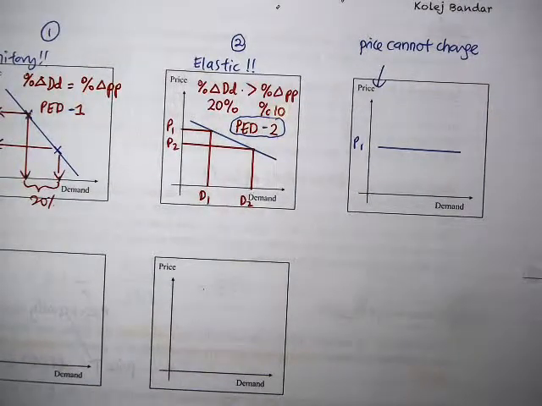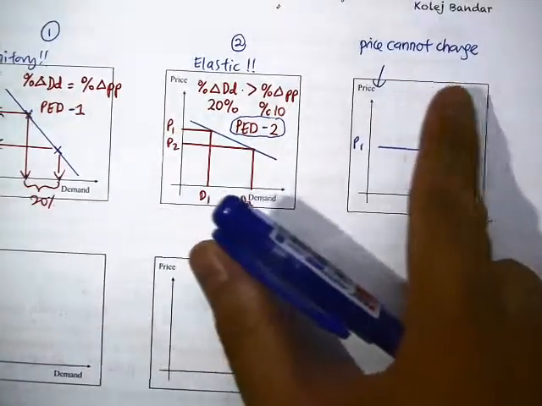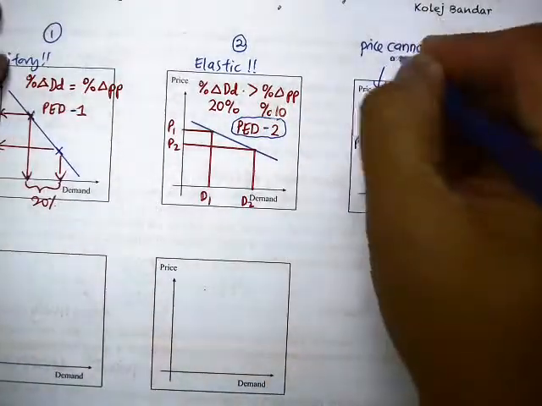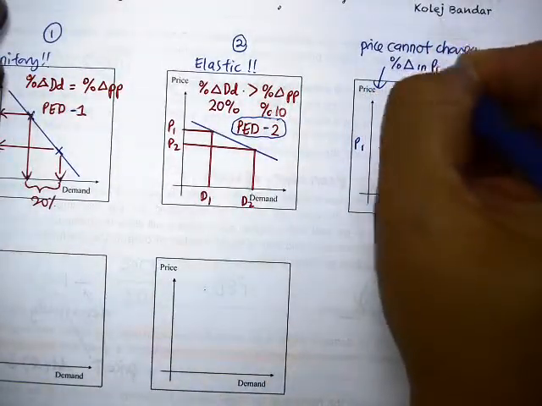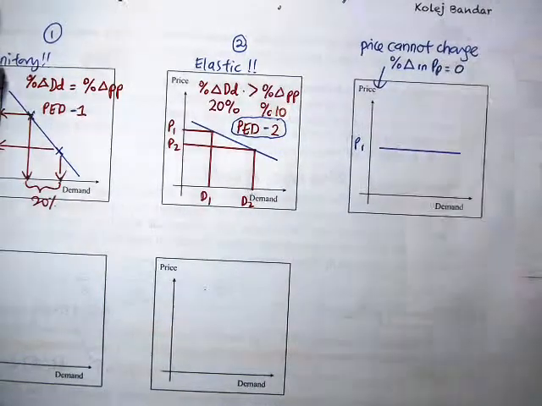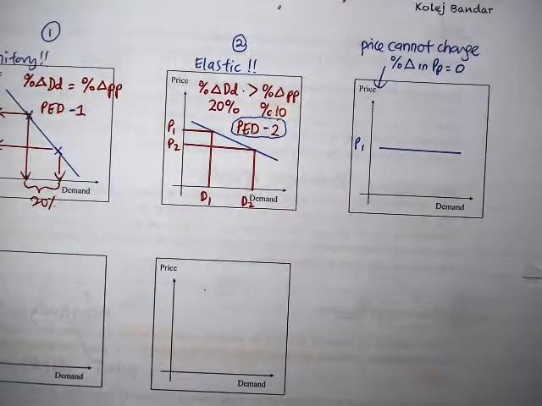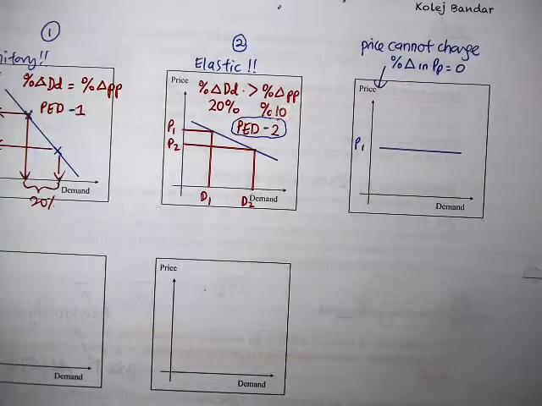It's fixed. Now, if your price cannot change, that means the percentage change in price becomes 0.